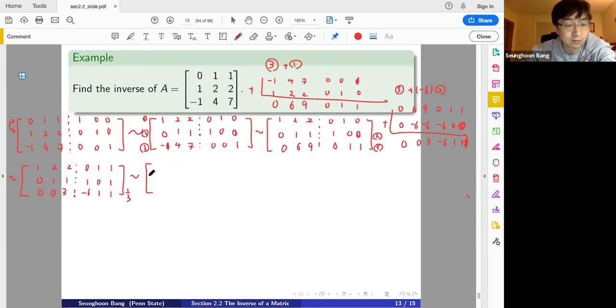We keep the first row, 0, 1, 1, 0, 1, 1, 1, 0, 1. So we have 0, 0, 1, negative 2, 1/3, 1/3. Change it like this, right?